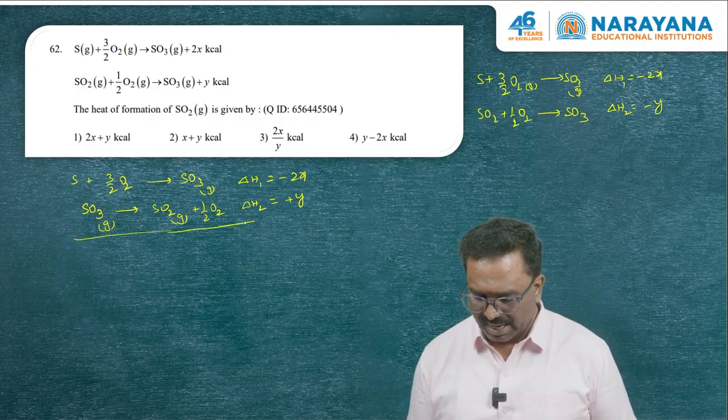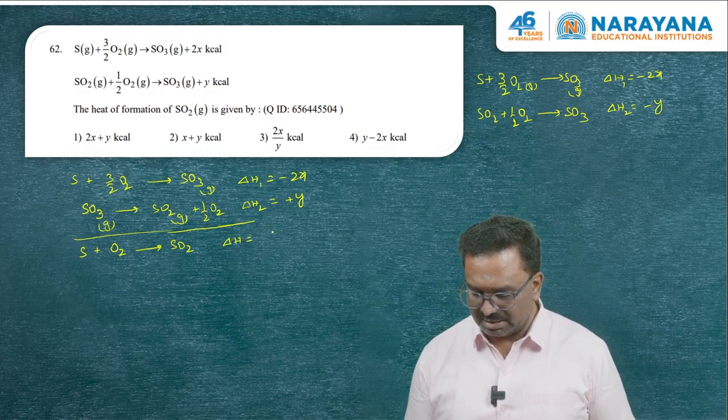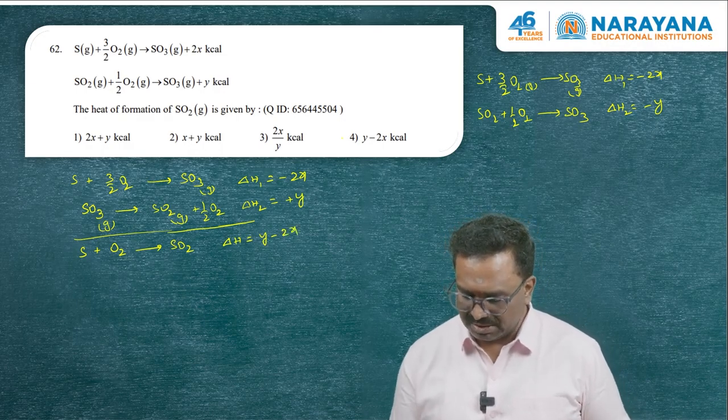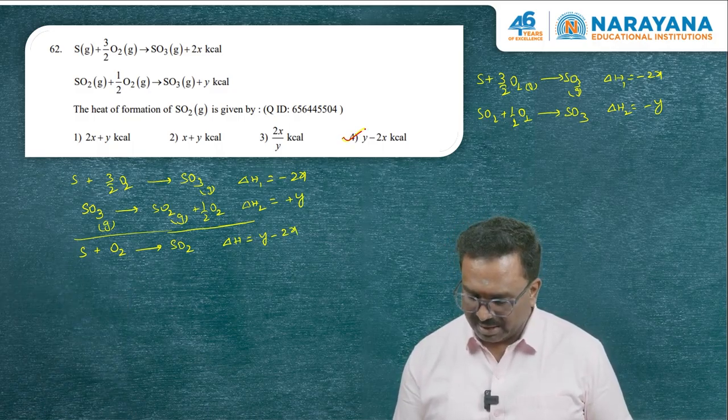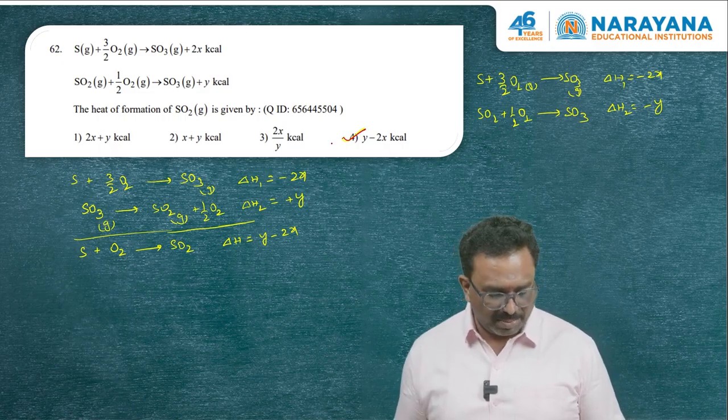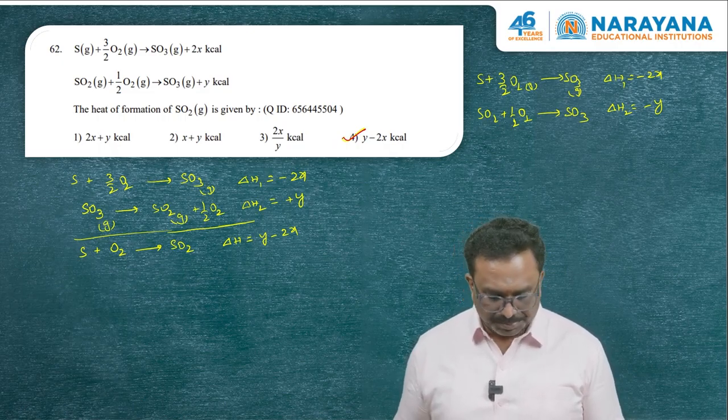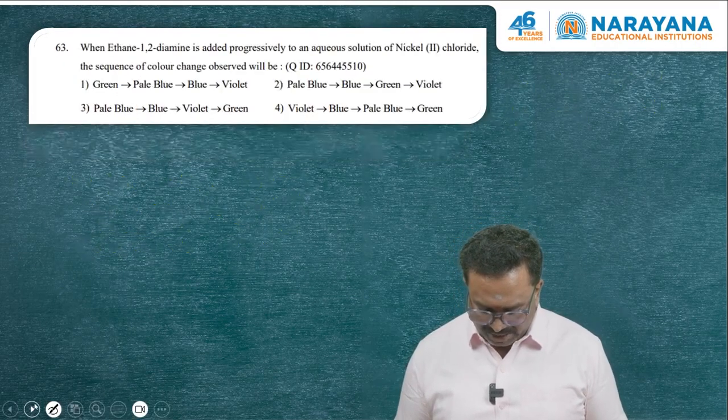Now, by simply adding these two, sulfur with O2 forms SO2. So the resultant delta H is y minus 2x. So y minus 2x is the fourth option. We can identify here this is the more appropriate answer for that given. Let me proceed for this.